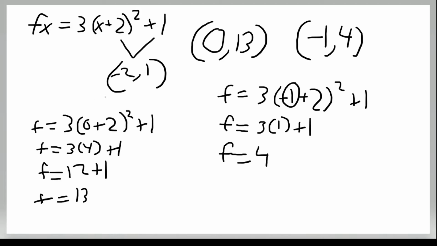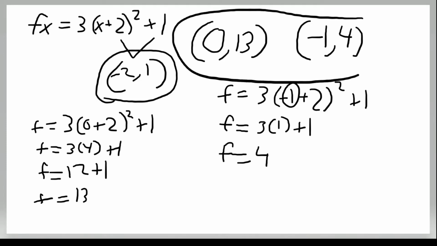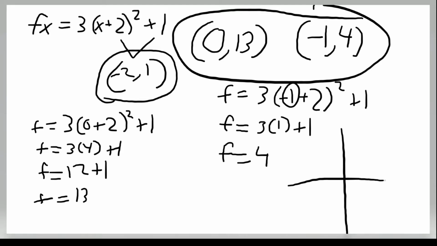So now we have the bottom of the parabola. We have 2 points, and when you graph it, it should look like this. Let's just go with 1, 2, 1, so it's like right there. And then negative 1, 1, 2, 3, 4, something like that. But then you'd also match that over here because it's reflected across the x equals negative 2 line.